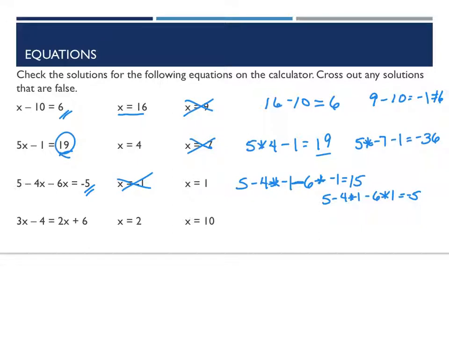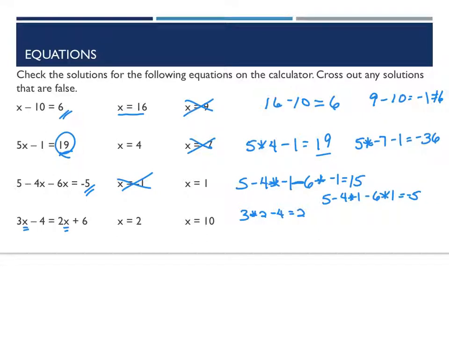Now the last one, I have to do each solution twice. I've got to plug in for x here and plug in for x here, and they're on 2 different sides of the equal sign. So if I do 3 times 2 minus 4, I get 2 for an answer.